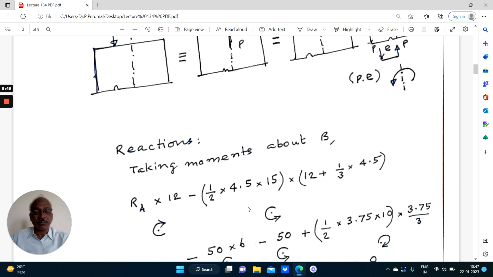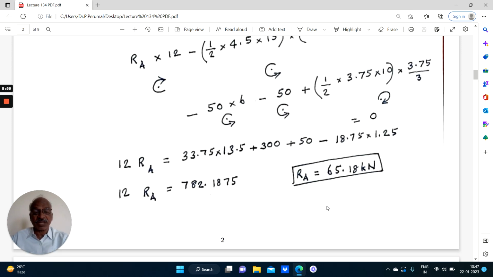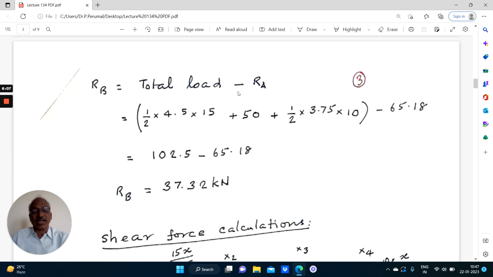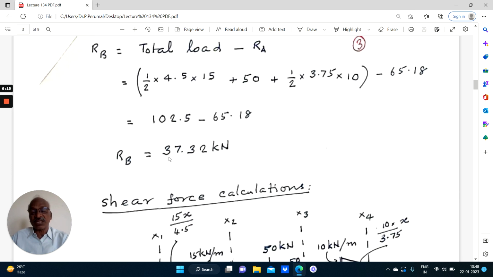We have discussed a number of cases. Let us avoid spending time on this. So calculations are available. You can stop and understand anything at any time, right? RA equal to 65.18 kilonewton, and RB equal to total load minus RA. Total load minus RA is 37.32. One is 65.18, the other one is 37.32.